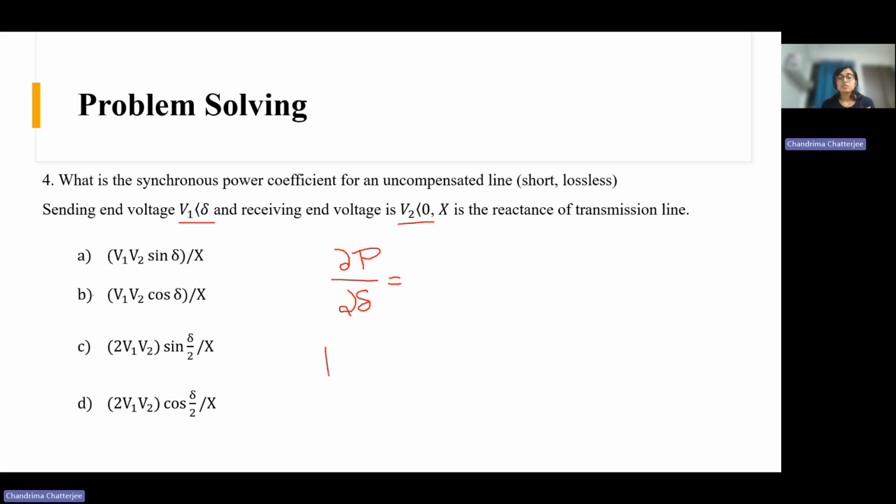Now we already know the expression for P. What is the expression of P? It is V1 V2 by X sine delta, right?